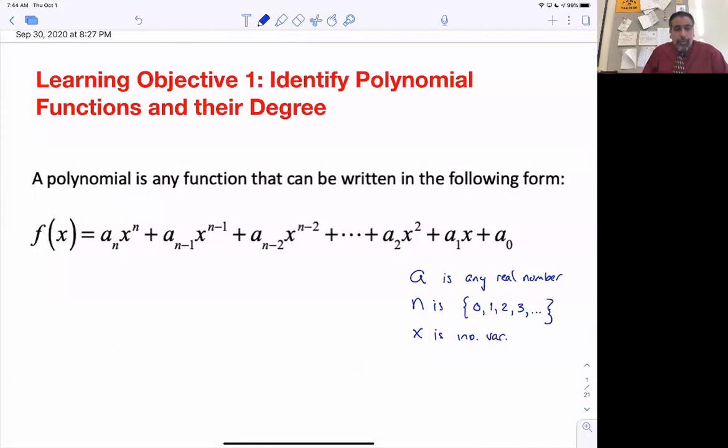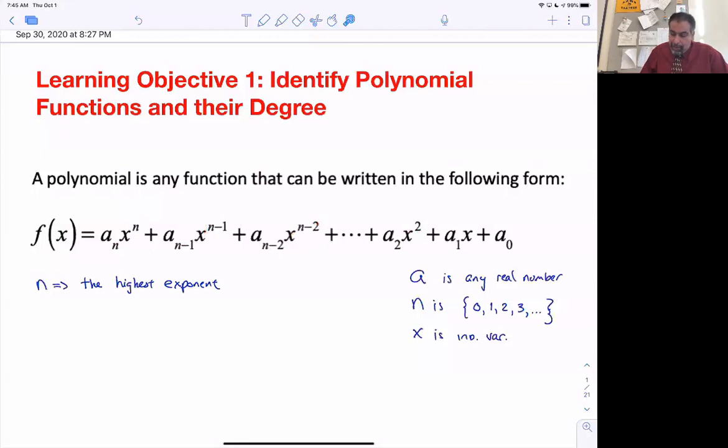As we go to write a polynomial, the first thing you're really going to be interested in is what the n value is. Now, n again is defined in this case as the highest exponent of the problem. And we know it's going to be the highest exponent because according to our formula here, we start with n, and then after that, we subtract 1, and then we subtract 2, and we keep subtracting until eventually we get all the way down to x to the first.